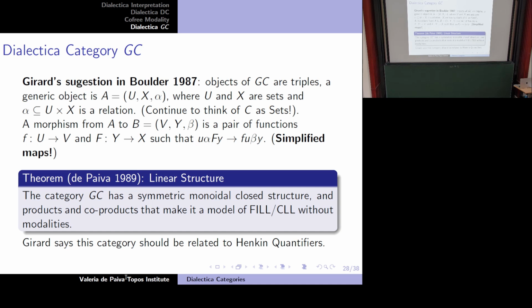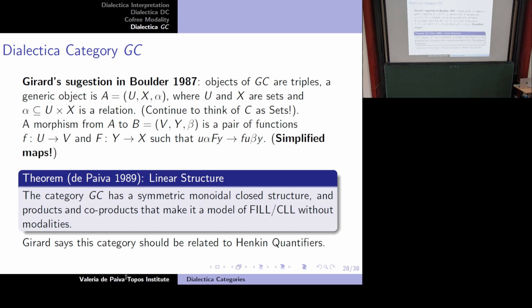And this is the second half of the thesis, and it gives you again a symmetric monoidal closed structure. This time we have products and normal co-products. So we have a model of classical linear logic without modalities, and then you put a modality in and you get everything that you wanted.